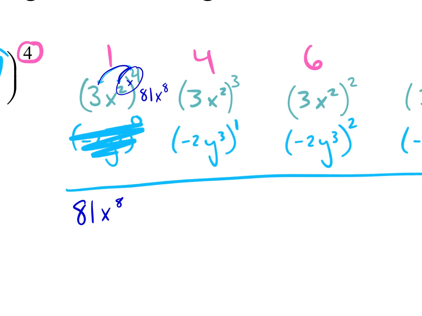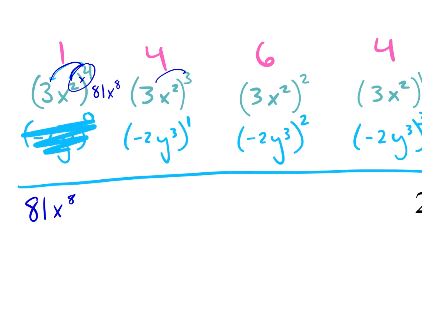Let's do the same thing with the next column. Distribute the third power. 3 to the third power is 27. Then we have x to the what power here? To the 6th power. 2 times 3 would be 6. And then when I distribute the first power, it's still negative 2y to the third power.